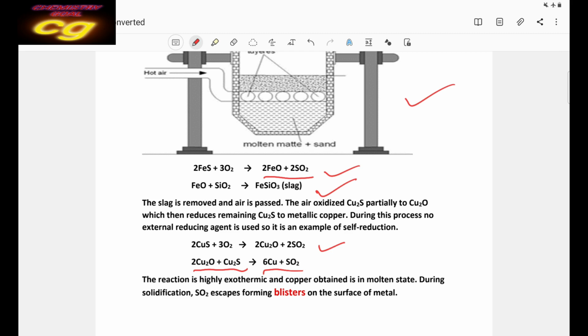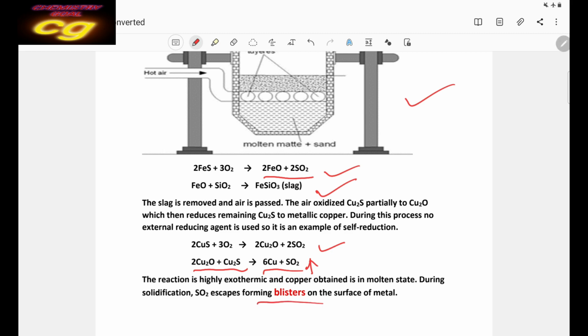Then when this molten copper is cooled and the temperature decreases, during solidification SO2 gas is produced from the copper, forming blisters on the copper.